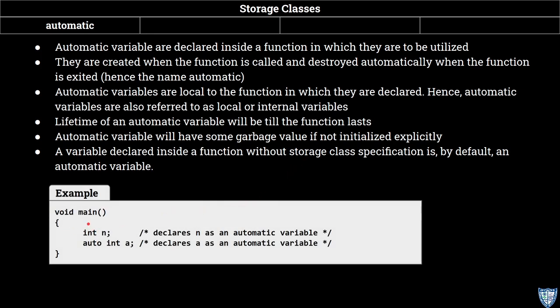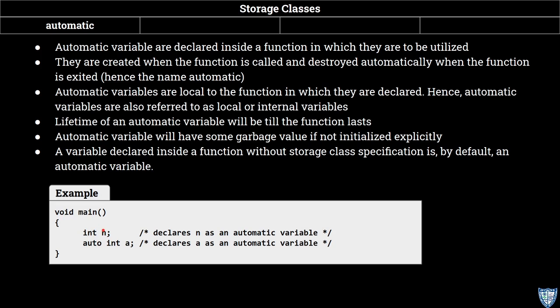this is the main function, and when you declare int n, this means that the data type of the variable n is integer and the storage class is automatic. How can you say that it is an automatic storage class? Because this variable is declared inside a function. In this case, the function is main.